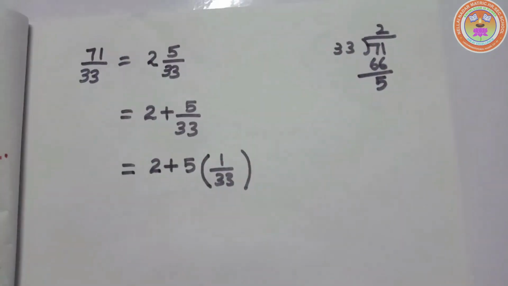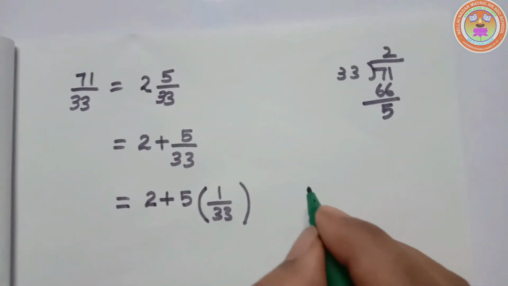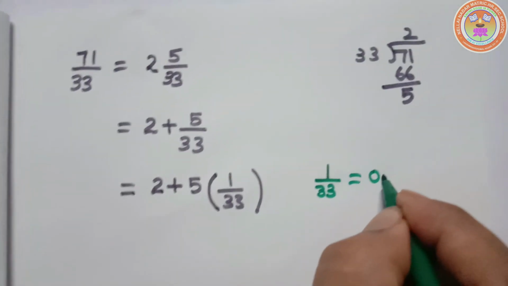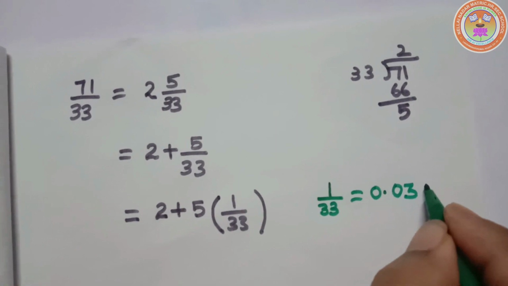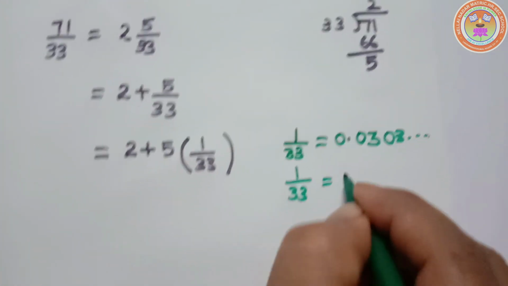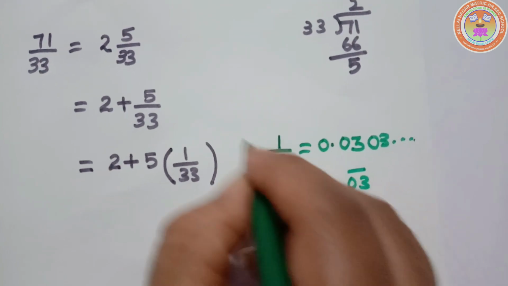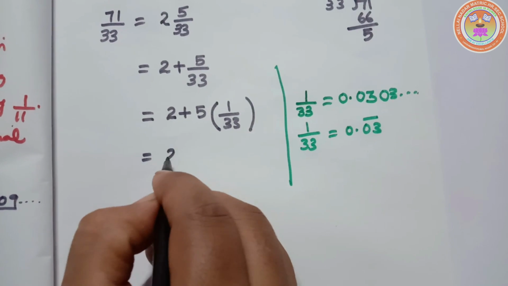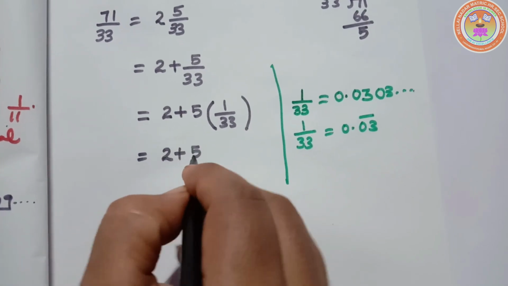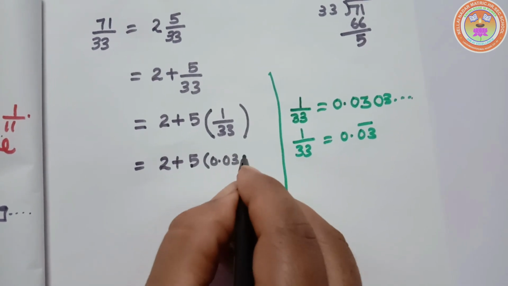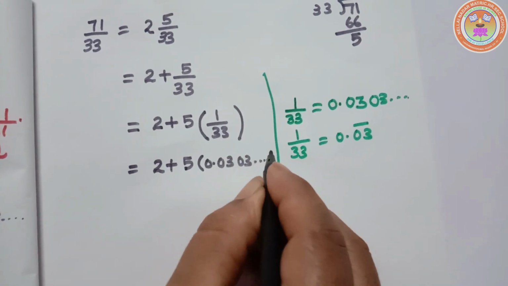So we know the value of 1 by 33 which you have found as 0.0303 dot, that is 1 by 33 equals 0.03 bar. Now you can write 2 plus 5 into 0.0303 dot.